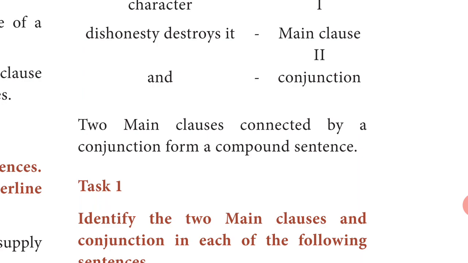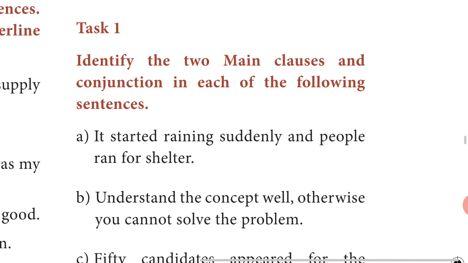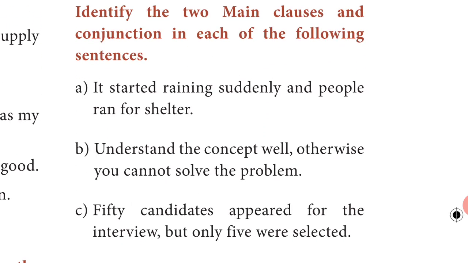Okay, so identify the two main clauses and conjunction in each of the following. Let me do it for you, maybe one or two, three sentences, and the rest you will do because you are very smart. It started raining suddenly and people ran for shelter. Which is the main clause?